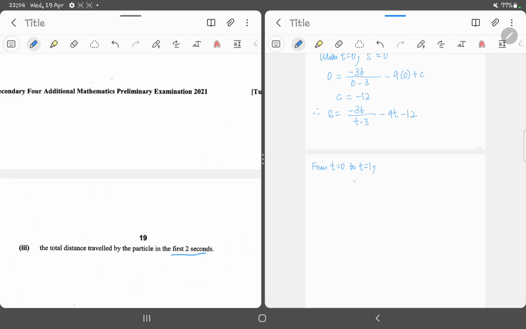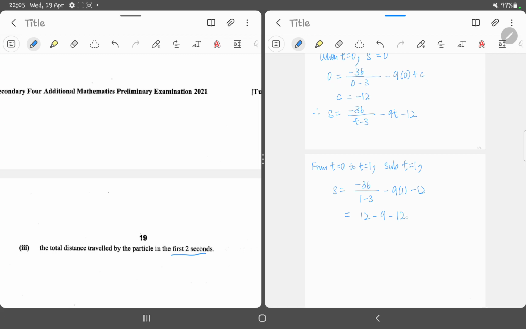So from t equals 0 to t equals 1, we sub t equals 1. We get that s equals minus 36 over 1 minus 3 minus 9 times 1 minus 12. So this is equal to 18 minus 9 minus 12.